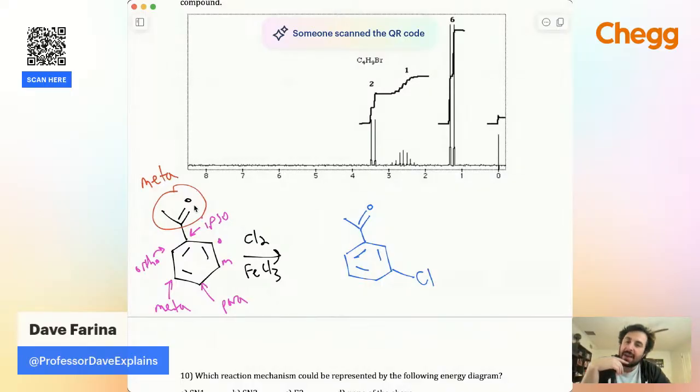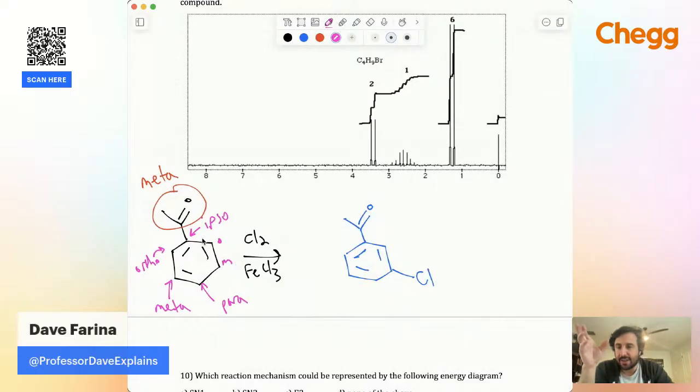And meta directors direct incoming electrophiles to the meta position because that pathway avoids placing the positive charge in the arenium ion intermediate directly adjacent to the electron withdrawing group. Having a positive charge, a form of electron deficiency, next to an electron withdrawing group that withdraws even more electron density away from an electron deficient intermediate is very energetically unfavorable.